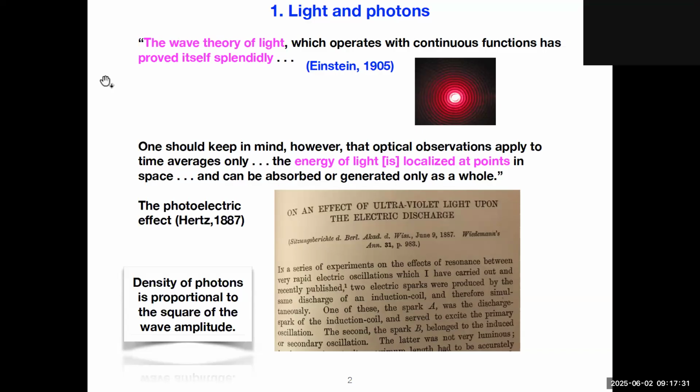You'll see. The wave theory, which operates with continuous functions, the E field, the B field, Einstein had in mind, has proved itself splendidly. And this little picture here is supposed to remind us of that by showing a diffraction pattern.